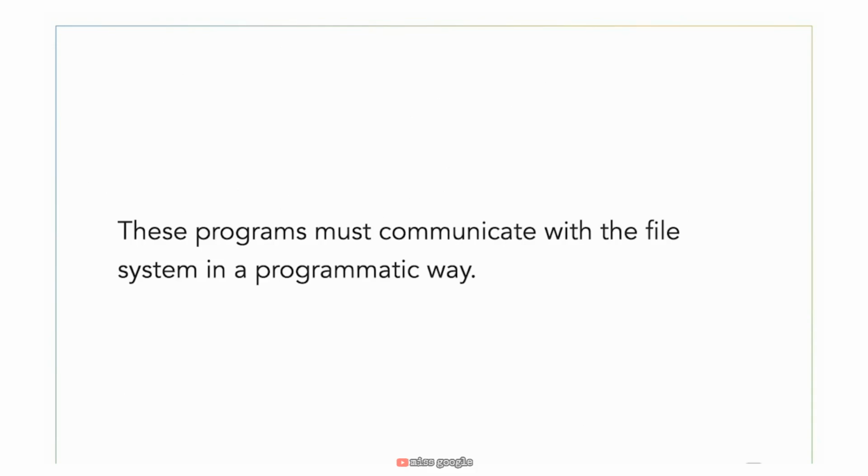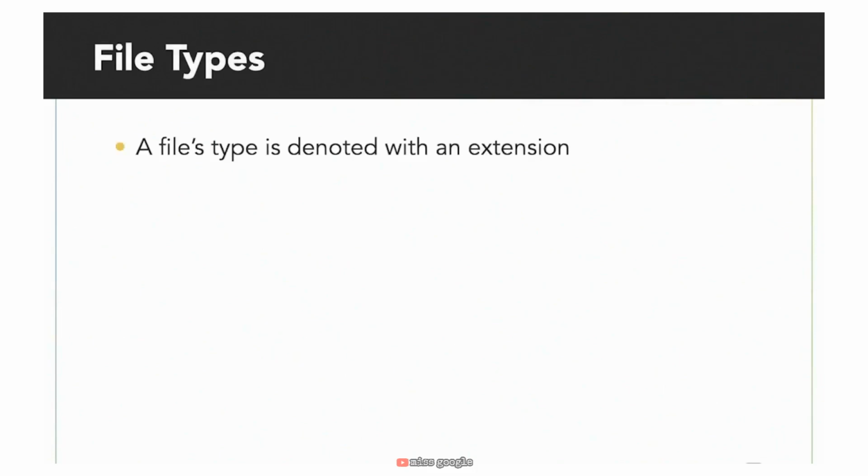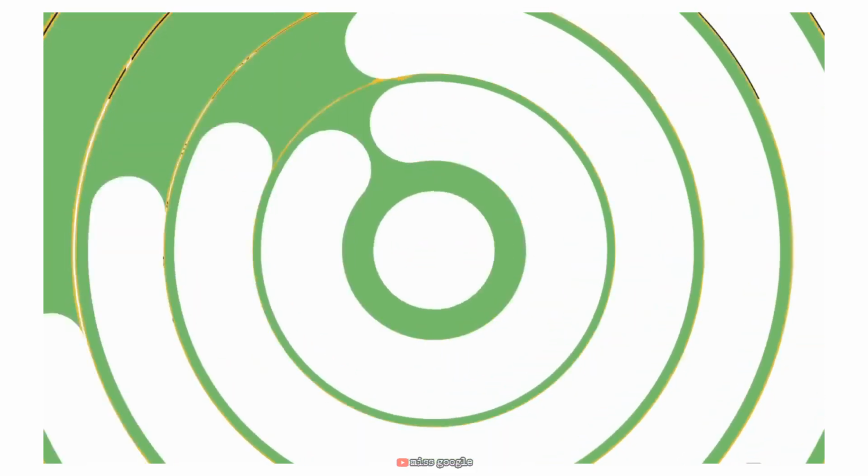However, to work with the file system efficiently, there are a few essential concepts to understand. First, there are different types of files. A file's type is denoted with an extension, which classifies the file as containing data of a certain type. There are text files with the .txt extension, image files such as PNG and JPEG, data files such as CSV and PDF, as well as specific code files with the .java or .py extension.